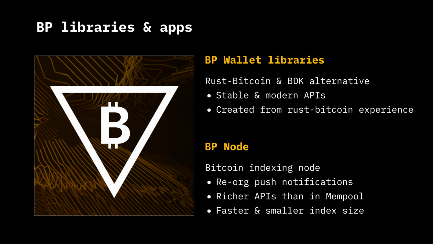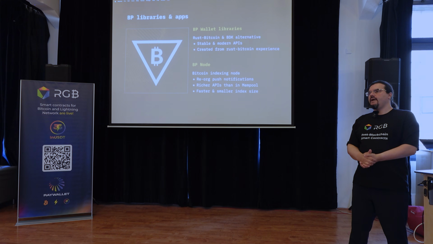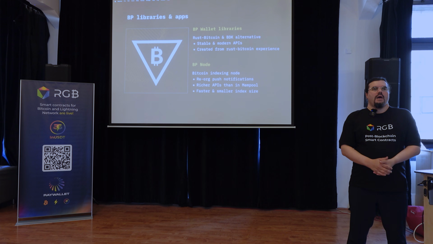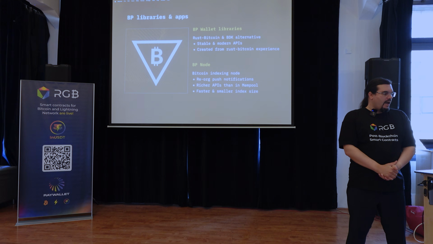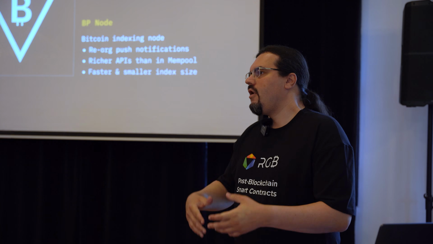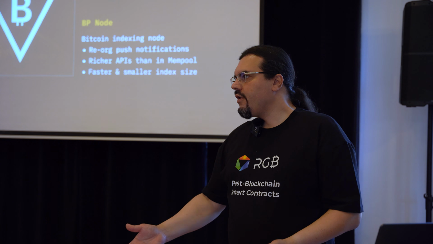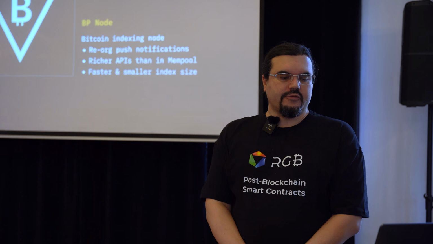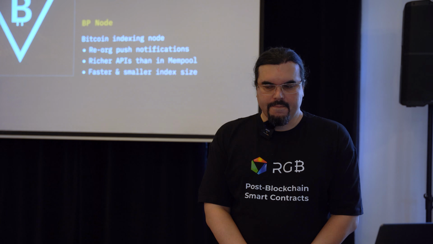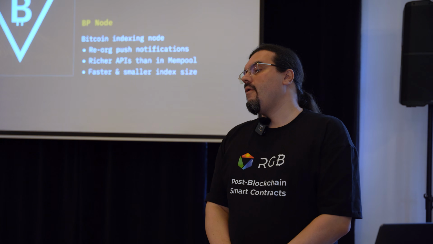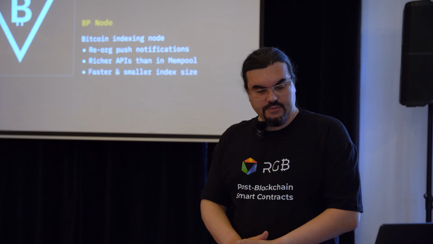As well as BP node. It's a Bitcoin indexing node, which has a lot of advantages compared to Electrum and Explorer. Specifically, you can subscribe to Bitcoin block reorg events, or subscribe to bulk updates with an efficient API for new transactions to be mined and so on.